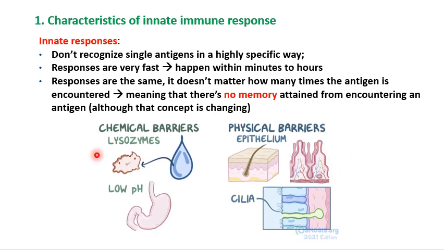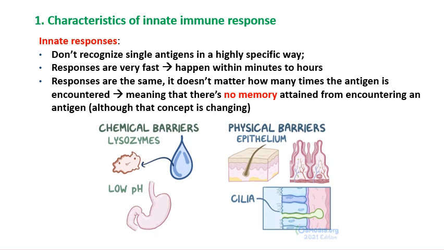And besides the physical barriers, you also have those chemical barriers, right? So you have some enzymes that are very important to break down wannabe invaders. And you have some things like acidity. So low pH in your stomach is also important for destroying wannabe pathogens or invaders, okay?